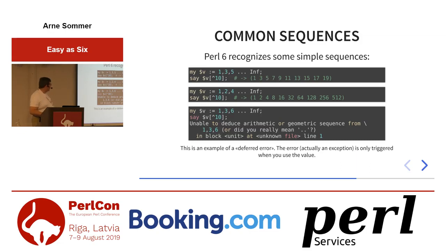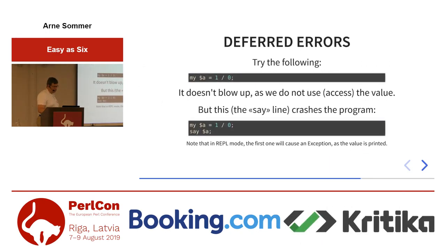But note that the error message is only given when you actually try to access the values. This is the so-called deferred error, where the exception is only triggered when you use a value.